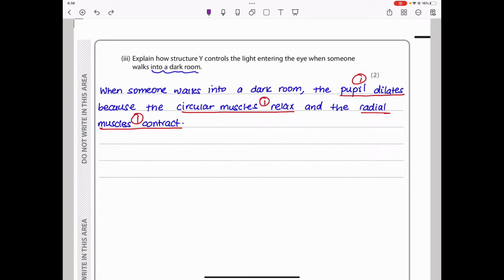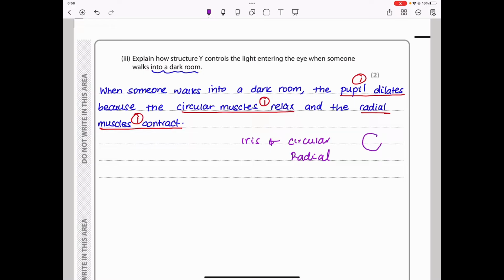Let me go back to the iris. The iris has two sets of muscles. We have what we call the circular muscles, and we have the radial muscles. So when you enter into a dark room, you expect that the pupil has to dilate.